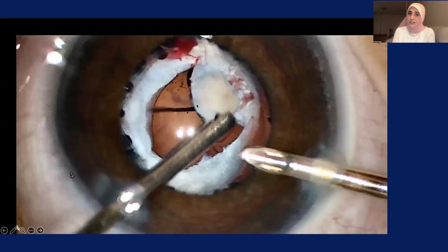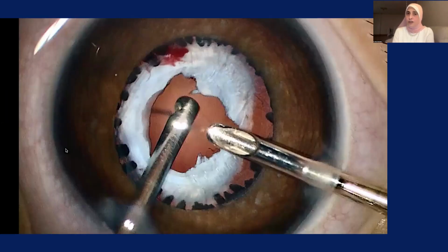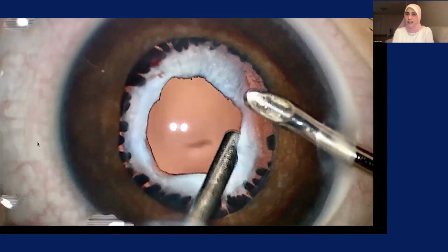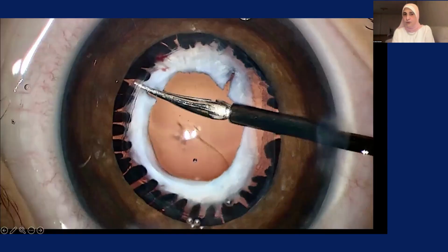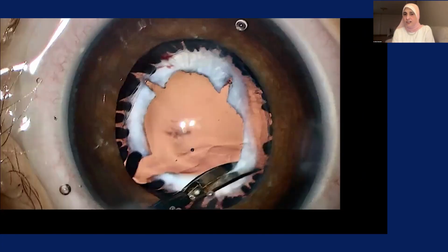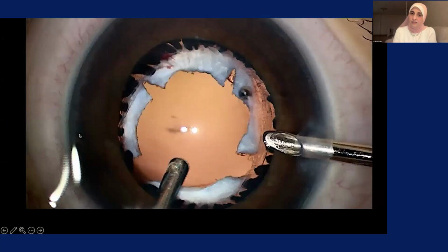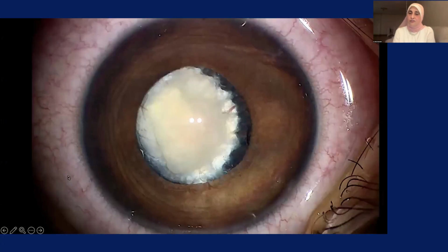So many cases actually are associated with both posterior fibrovascular sheath of the lens and persistent hyaloid artery. Here after trimming, now we have 360 degrees ciliary processes.